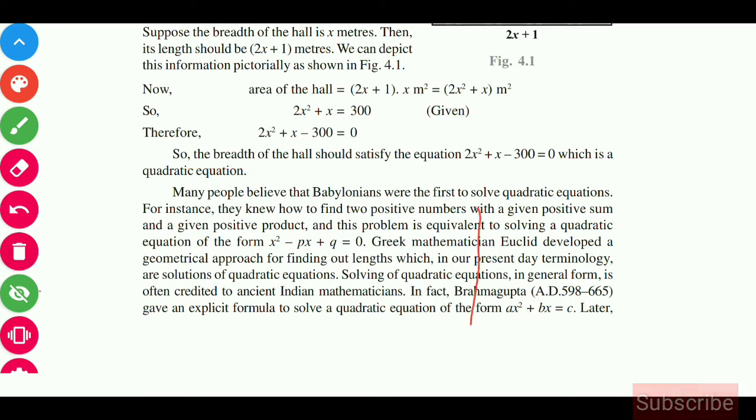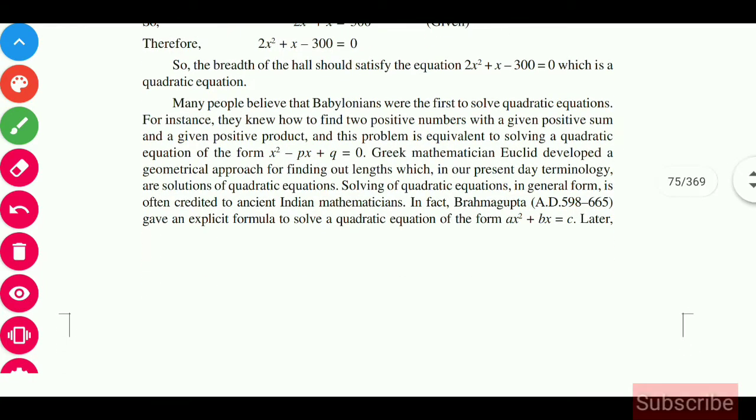Now many people believe that Babylonians were the first to solve quadratic equations. For instance, they knew how to find two positive numbers with a given positive sum and a given positive product. This problem is equivalent to solving a quadratic equation of the form x square minus px plus q equals 0.